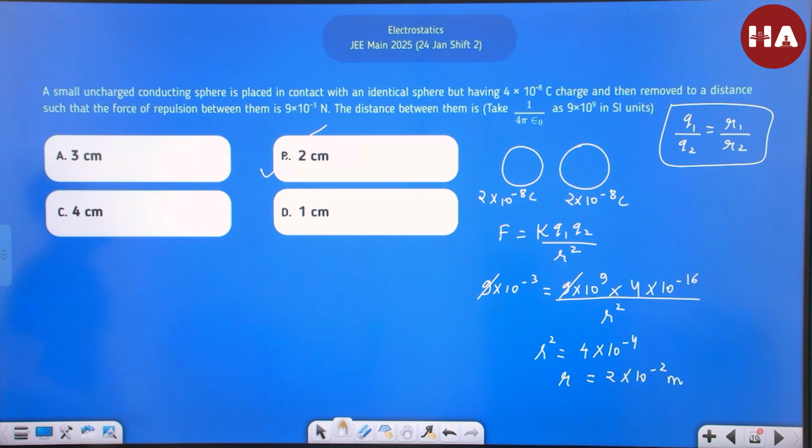So 4 root 2 minus root 2 is going to be 3 root 2, right? So this is going to be 3 root 2, and if I take the term of kq naught square by a common, so this will become 3 root 2 minus 2, right? So easy, right? No problem whatsoever. Answer should be option D, right students?